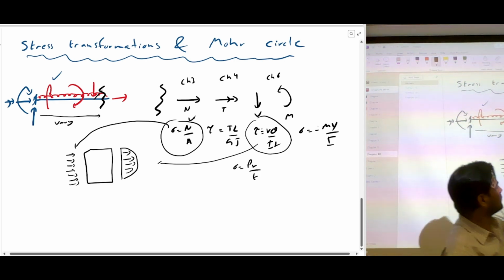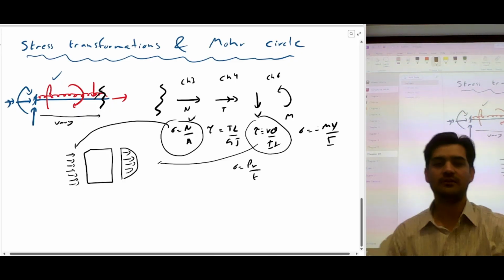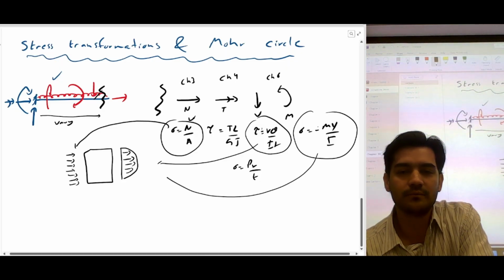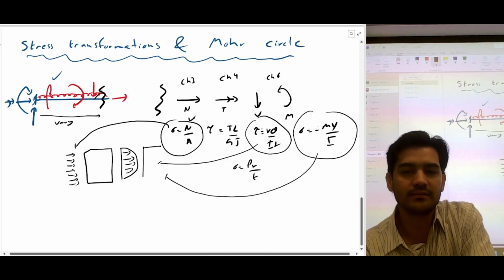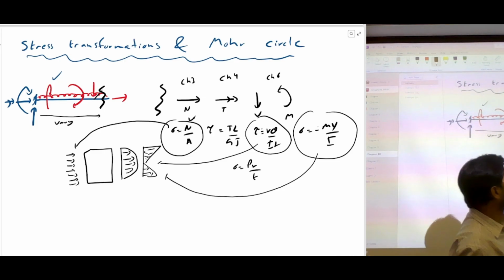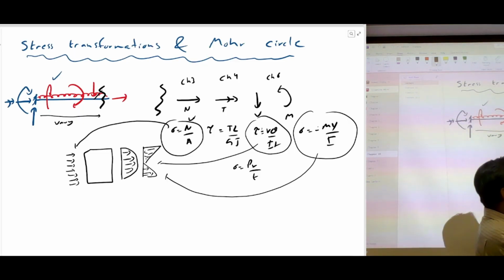So the distribution of stresses from the shear force is different. If you want to talk about distribution because of the bending moment, it's also different, right? You have maximum bending stress at the top and bottom, and the directions are also reversed. So if you combine everything, it's kind of a little bit complicated.